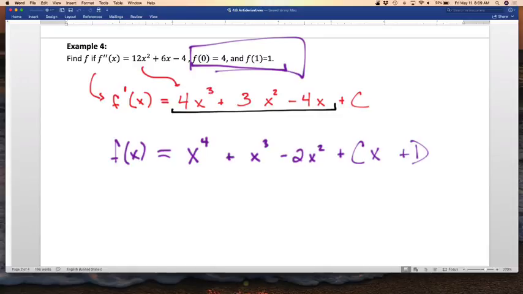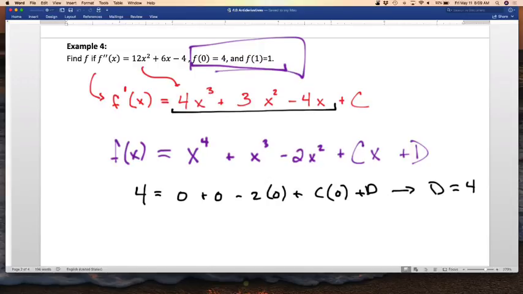We know that f of 0 equals 4. So 4 equals 0 plus 0 minus 2 times 0 plus c times 0 plus d. So for this one, it should be pretty obvious that d is 4. When they give you f of 0, that's always a pretty easy one.